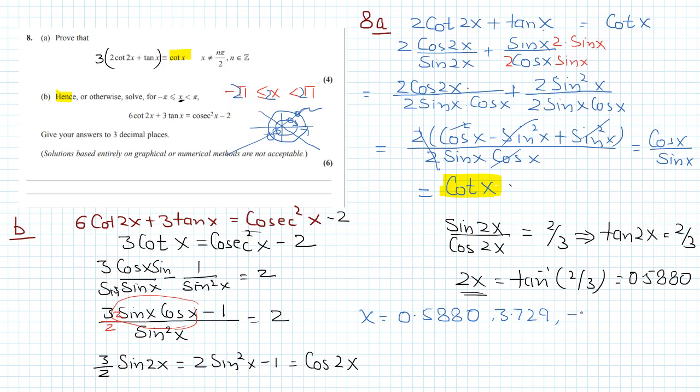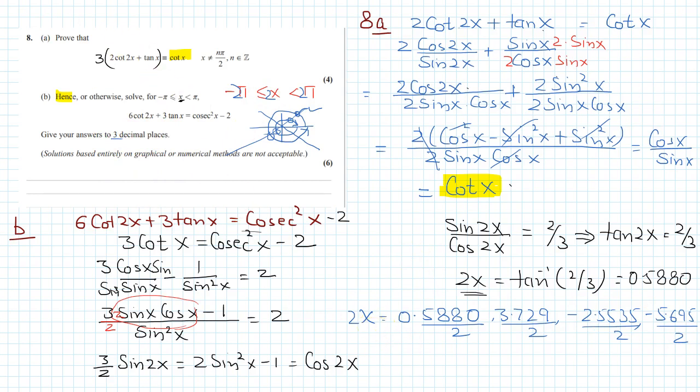One is minus 2.5535 and minus 5.695. These are the values of 2x. So the values of x will be, we divide all by 2, and we write up to 3 places of decimals.